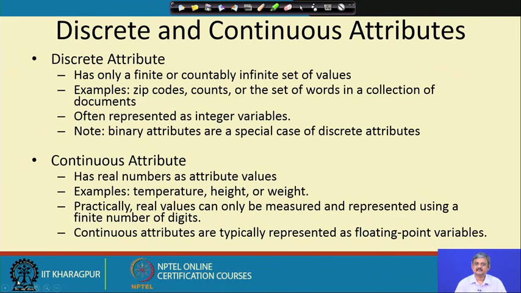On the other hand, there might be continuous attributes which can take on any possible, infinite number of values. Height, potentially it can take on any value. But when you represent it in a computer, you cannot represent arbitrary precision. So, you have to use some precision, some double or float, which will restrict the precision. But theoretically continuous attributes can take on an infinite number of possible values.